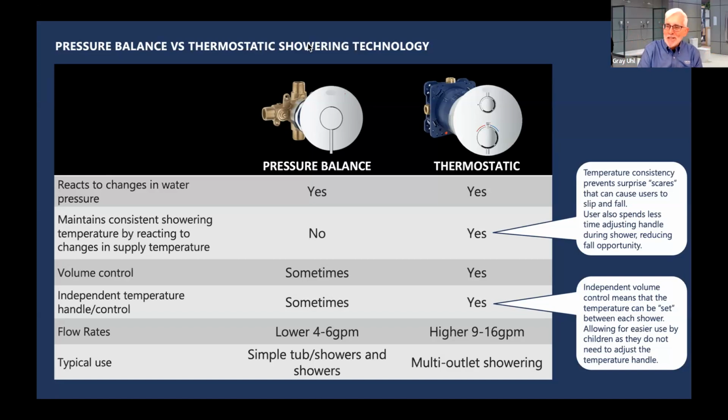And I don't want to speak for Canadians here, but Americans want a lot for very cheap. So it's not uncommon if you're designing an upscale luxury home that maybe the primary bathroom and the primary bedroom suite would have a thermostatic, but the family bathroom and all the guest bathrooms would have a pressure balance. That's not an uncommon situation.